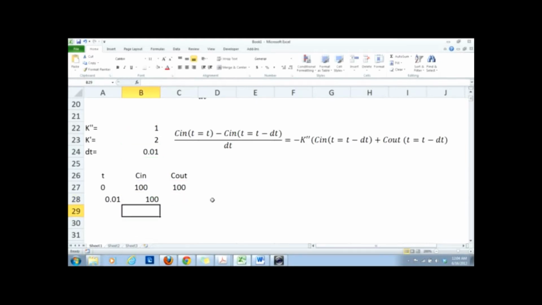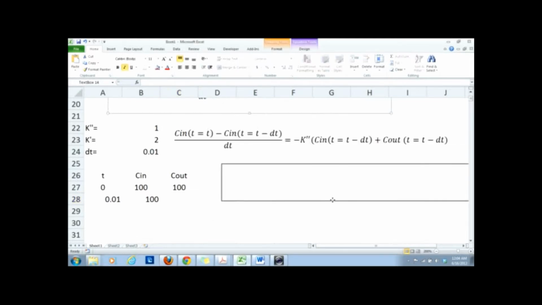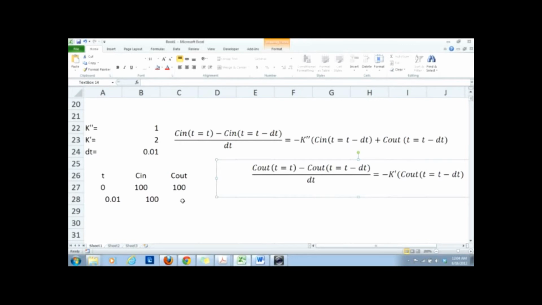I'll press enter, and now for C out, let me grab the equation here. C out is equal to C out at t minus dt, minus dt, which is constant, so I put a dollar sign here, times k dash, which is constant, so I put a dollar sign here, times C out.